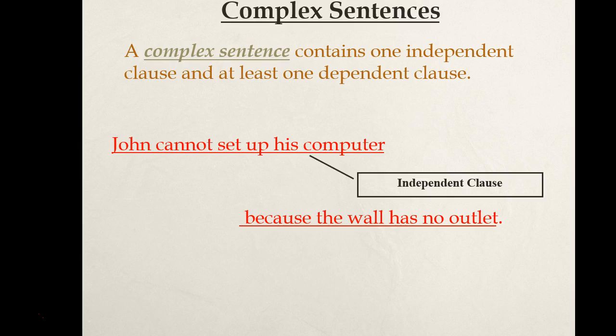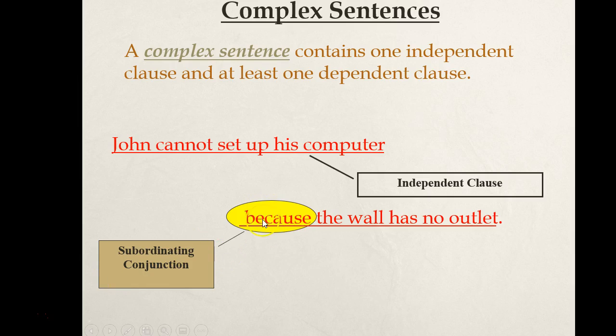We can use that part of the sentence on its own as a sentence. The second part of the sentence, because the wall has no outlet, starts with a subordinating conjunction, because. So since it starts with a subordinating conjunction, this is a dependent clause.